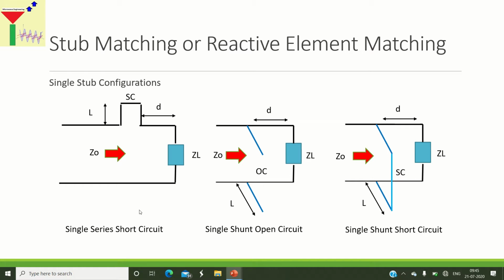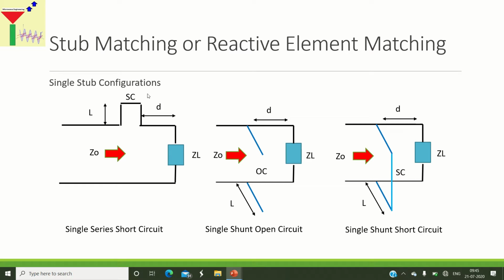A series single stub is the stub which is placed in series with the load impedance. Please remember, a series stub is always placed in series with a load impedance in order to provide impedance matching to that complex load impedance, so that it will get matched with the characteristic impedance on the left hand side.